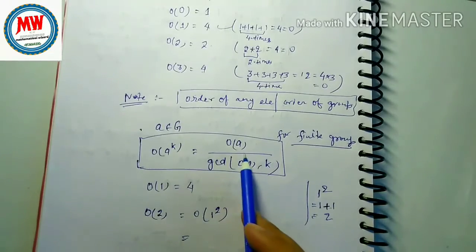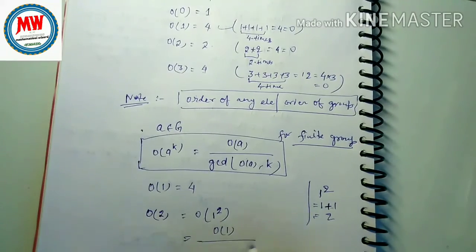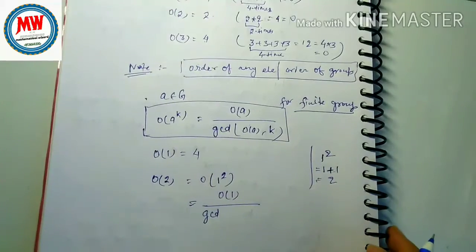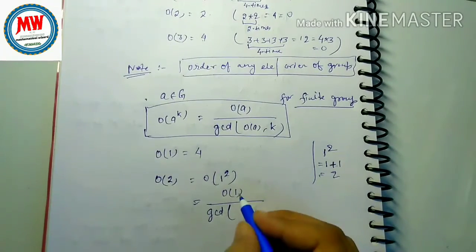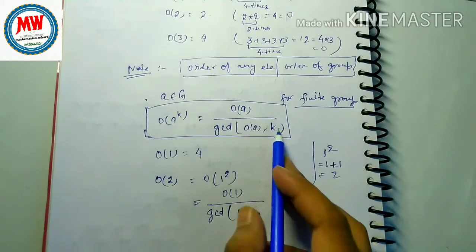Now if we apply this formula, then order of 1 square will be equal to order of 1 upon GCD of order of 1 and k, where k is 2.